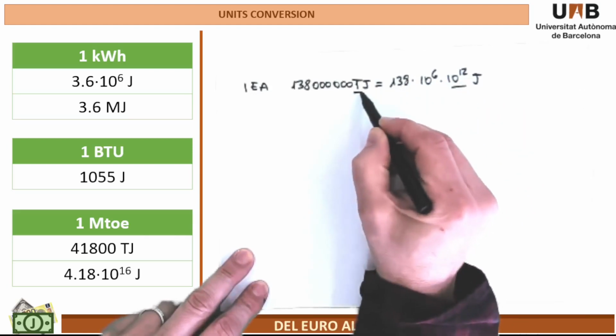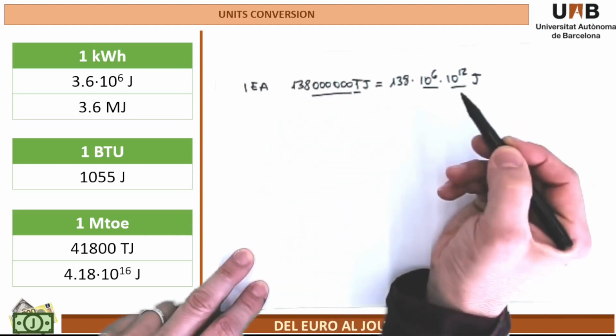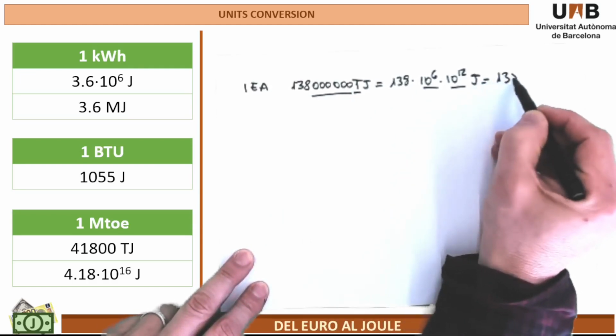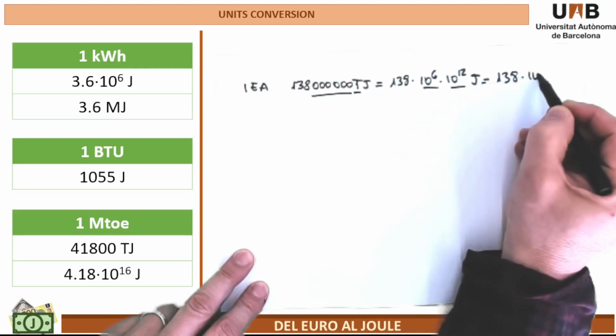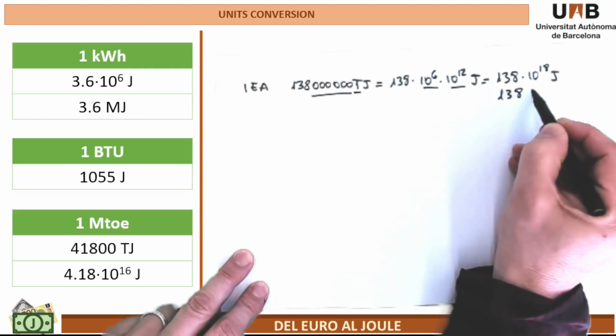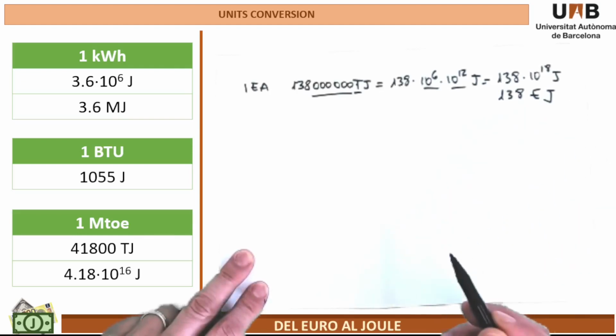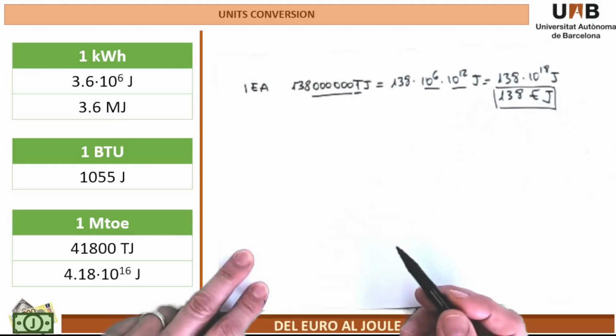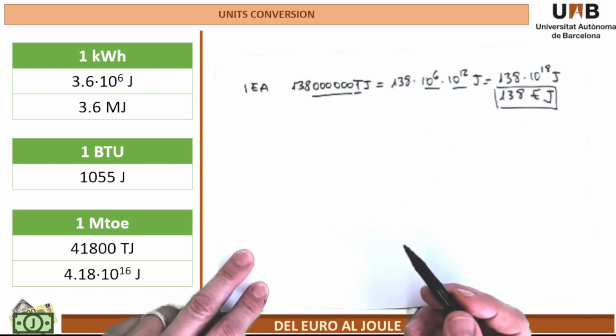This is tera, and this is the number of zeros here, and this gives me 138 10 to the 18 joules, that is 138 exajoule. This is the amount of energy that we get from natural gas in all the world in 1 year.